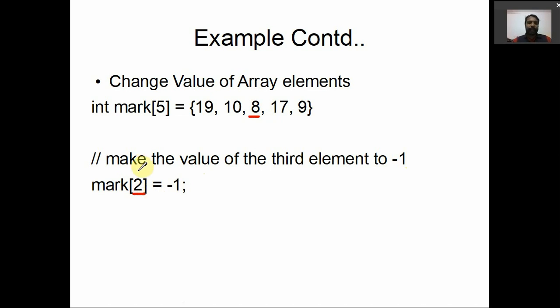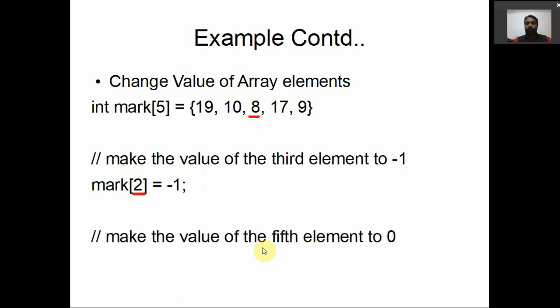So indexing will be 2, mark of 2, and you have to assign minus 1 to that. In this way, you can change the values in an array. If you want to make the value of the fifth element 0, the fifth element is this one. So you have to index 4, mark of 4 equal to 0. In this way, you can change values inside array elements.